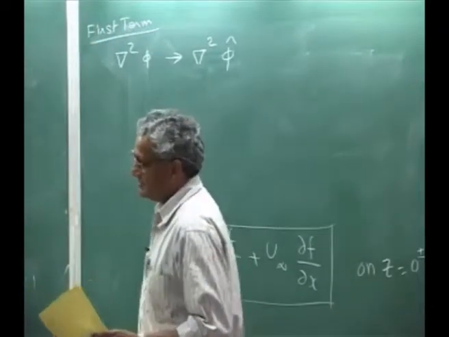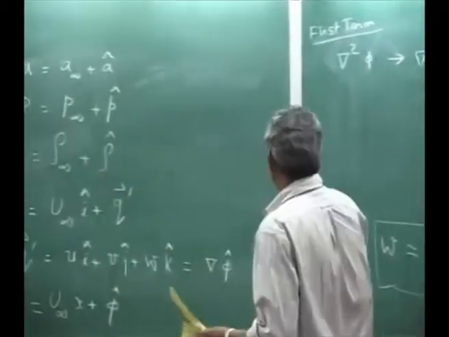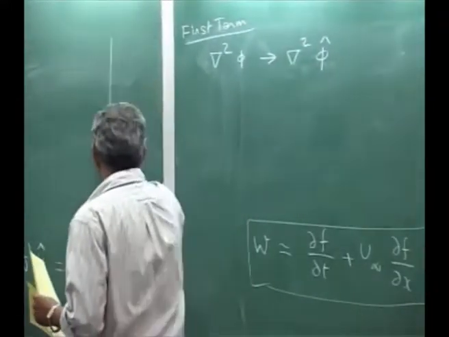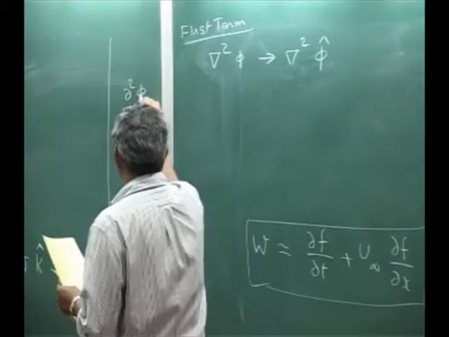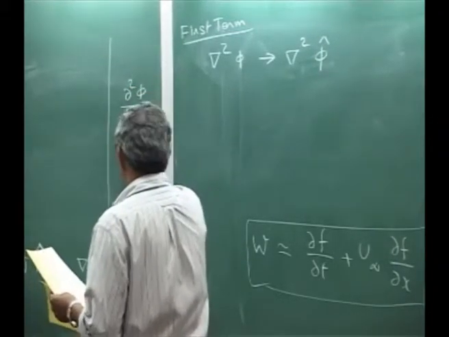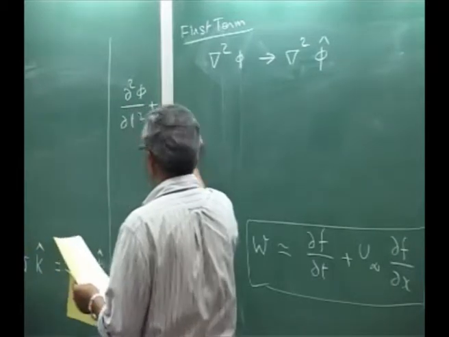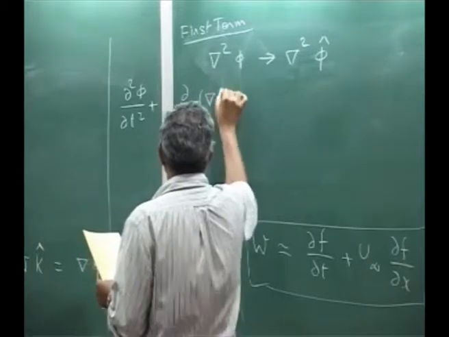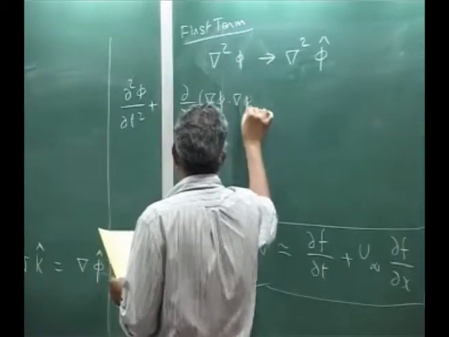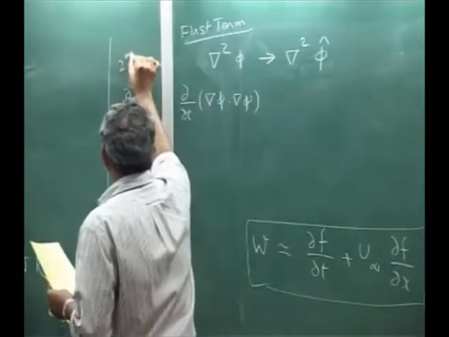And the second term, which is del square, I will write it here, del square phi over delta t square, plus delta by delta t of del phi dot del phi over 2. This is the second term.